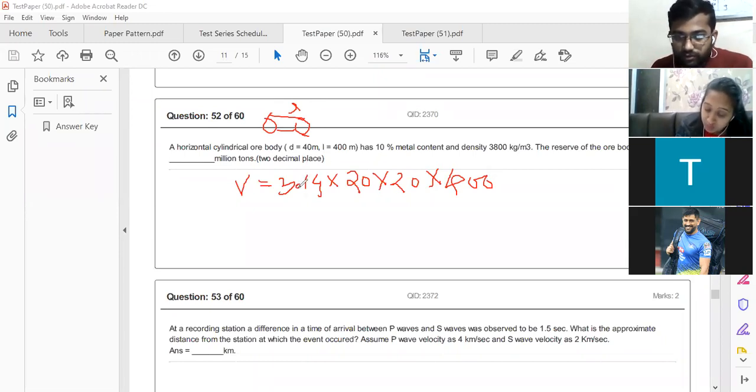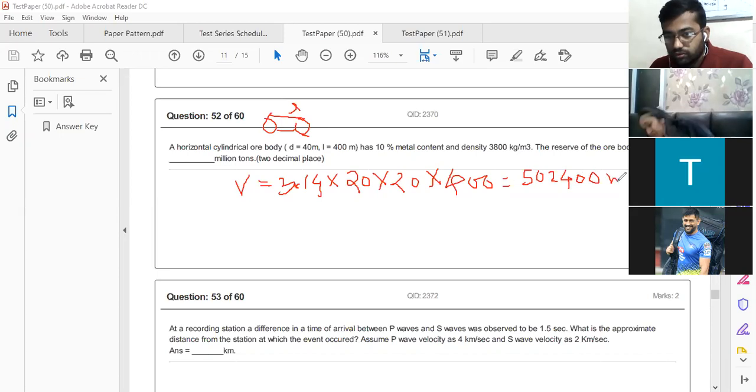This is 3.14. You calculate this, you'll get 502400 meter cube.